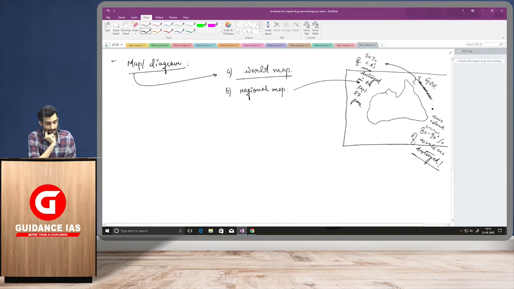So this will be a good map as well as a good example for our question.